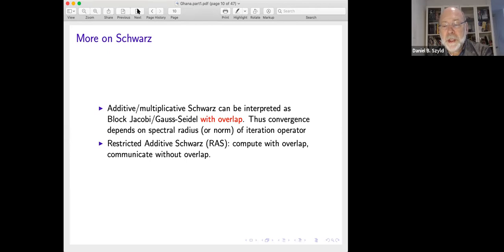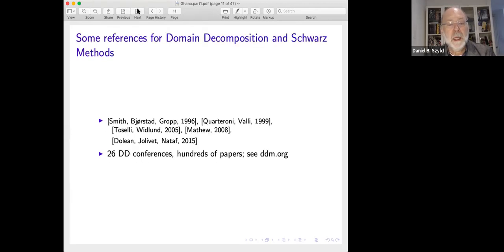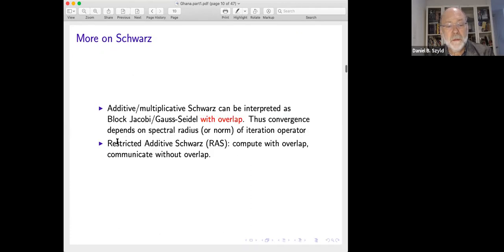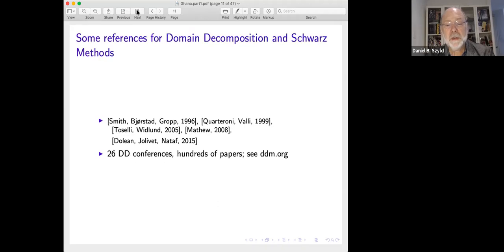In this way, you capture the overlap in your solution, but you don't double count. And this has been shown very useful. This was developed by Szyld and Sarkis as a preconditioner, but it's also very good as a solver. I'll show you some pictures.